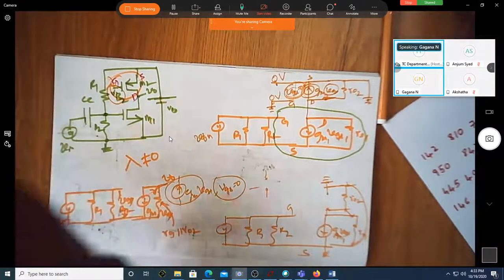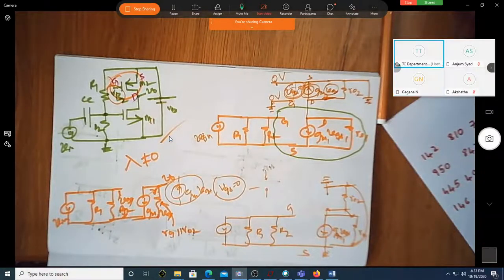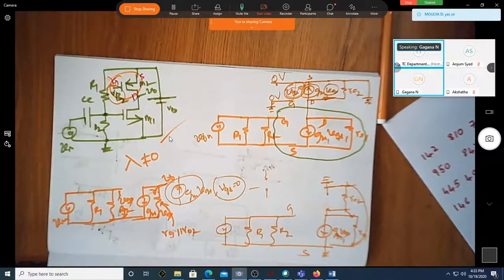This one to start with. What is the circuit there? Hello. Something is stuck. Lagging too much. Yes, sir. I don't know where the problem is.